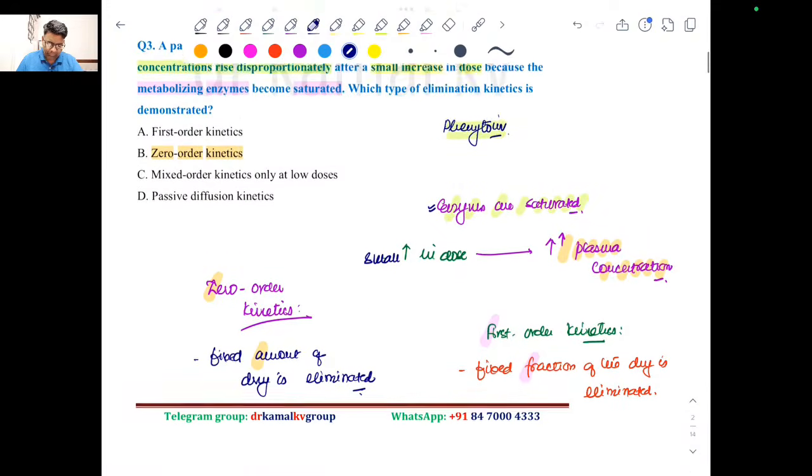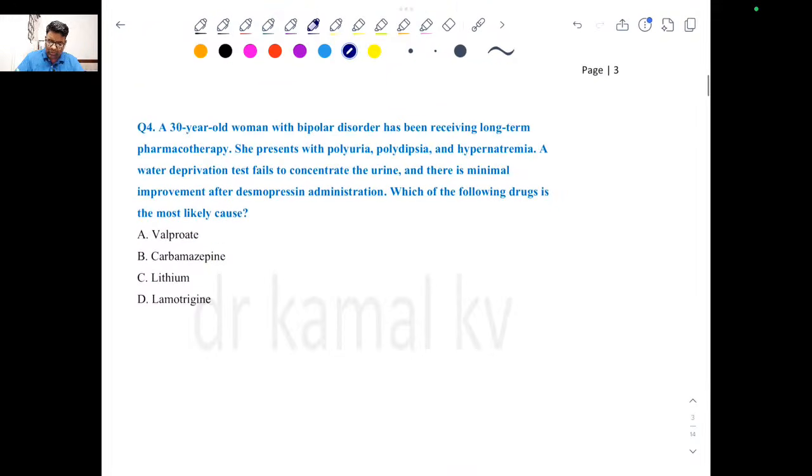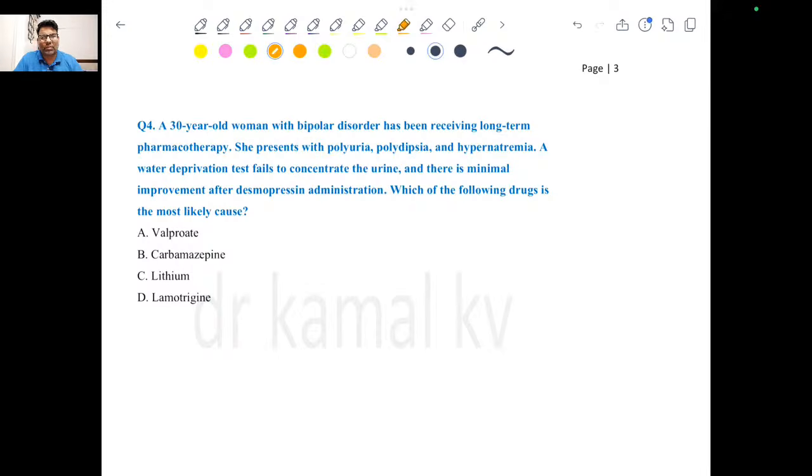Very good, Shamim. Then moving forward to one more very favorite question for exam setters: a lady with bipolar disorder is receiving long-term pharmacotherapy, right? So she is taking some drugs since long.